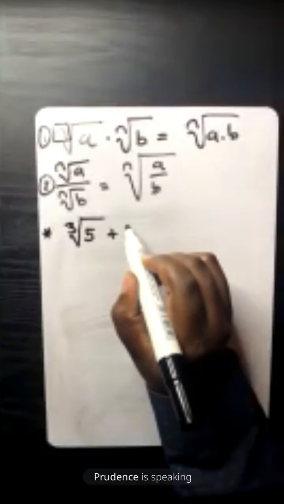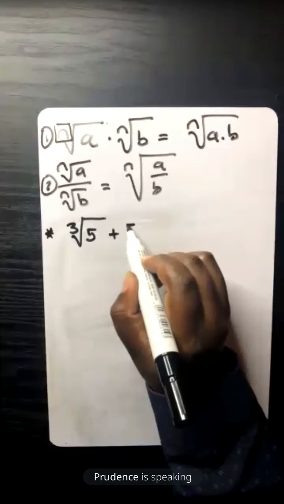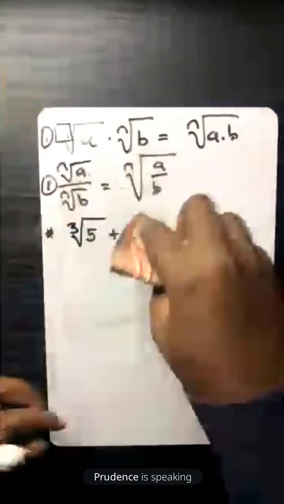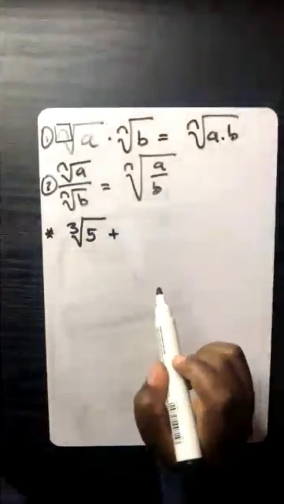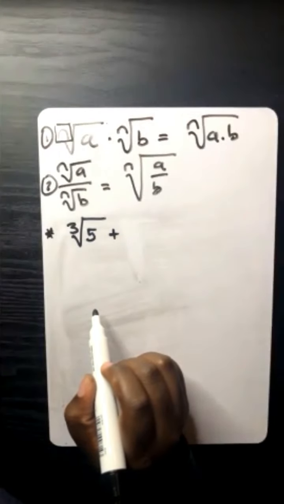Sir, I wanted to ask, what happens now if we have a plus sign or a minus sign between the coefficient and the square root? Oh, so if we have a plus or a minus sign between what?